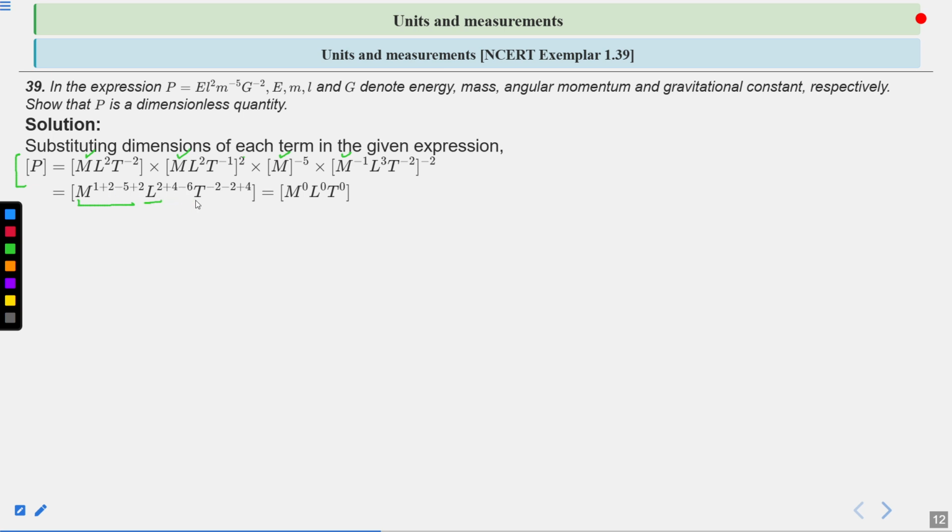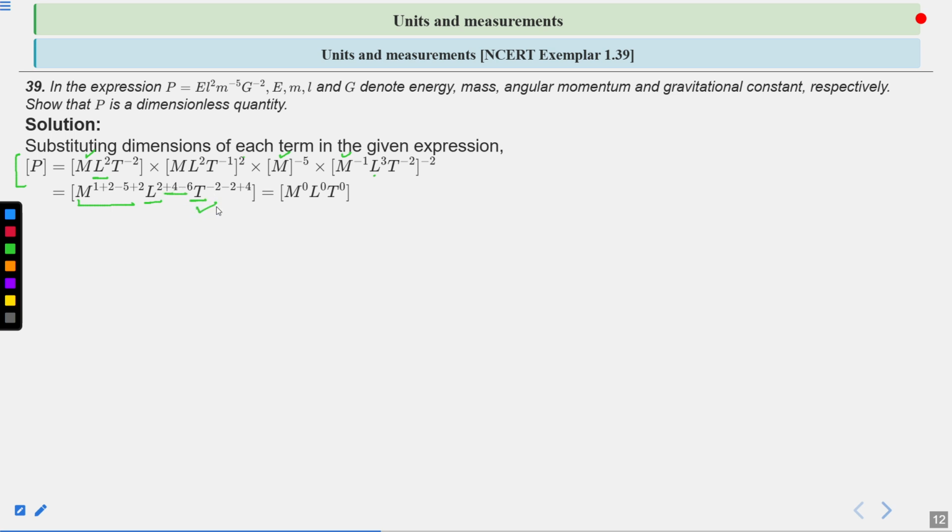Similarly for L and T. If we talk about L, so L square gives L raised to the power 4, here L is 0, and here L raised to the power 3, and it will be minus 6. So 2 plus 4 minus 6.